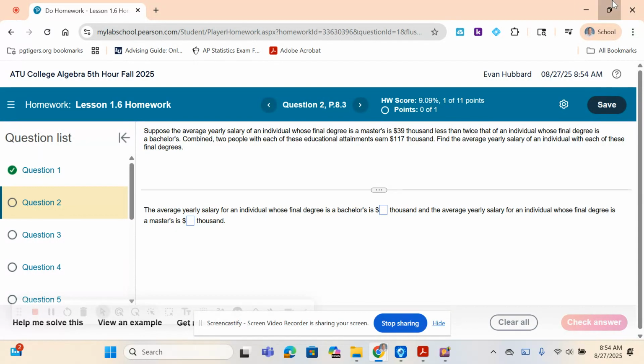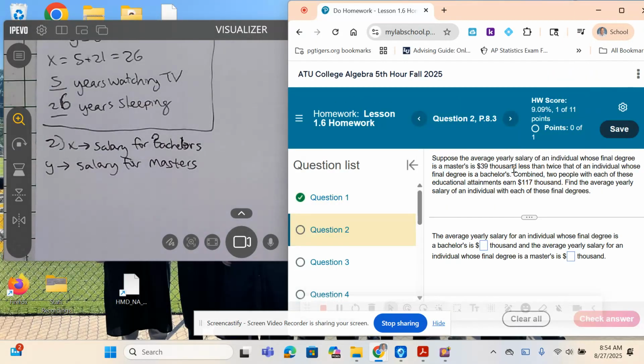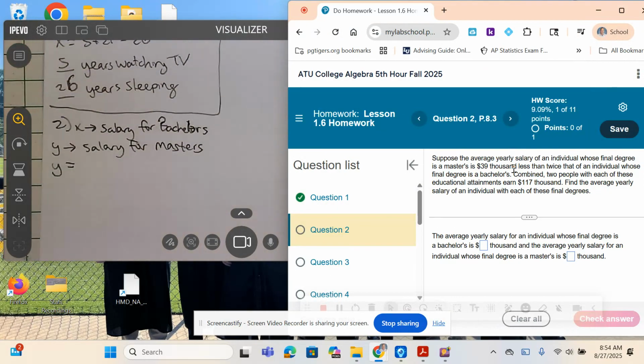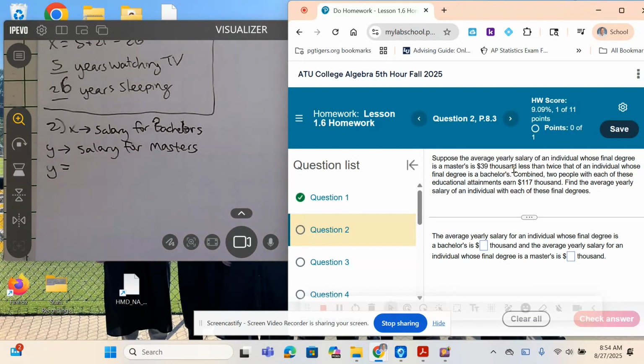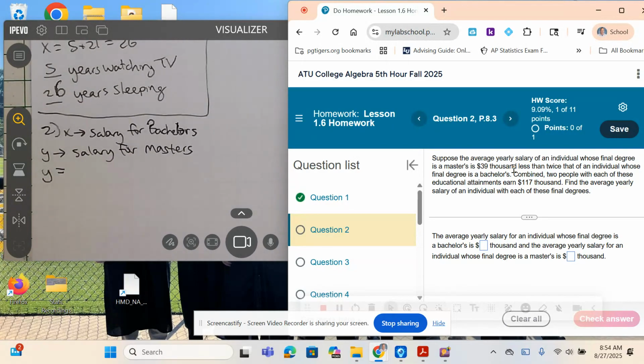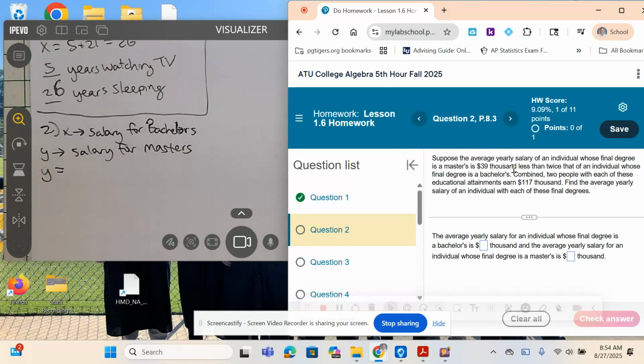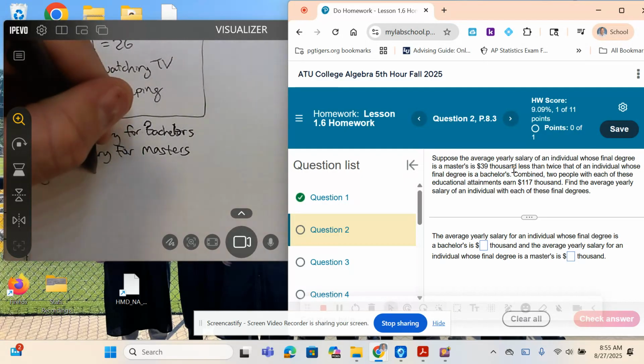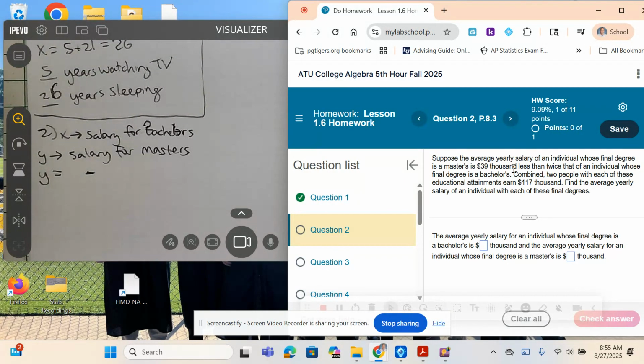Whose degree is a master's. Master's is, so Y equals 39,000 less than twice the bachelor's. So what's an expression for 39,000 less than twice the bachelor's? This is always the tricky one in Algebra 1. Less than means what? Subtraction, but where does the 39 go? Before the minus or after the minus?